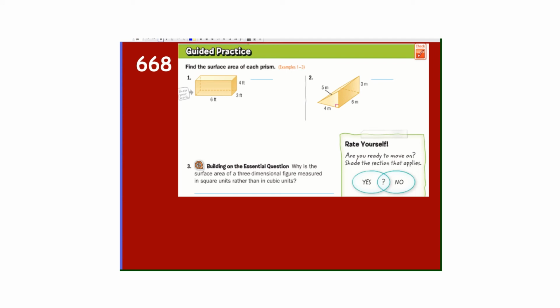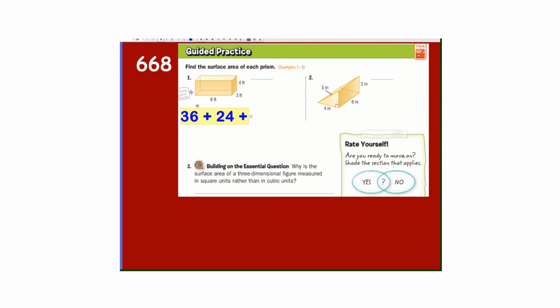Okay, go ahead and do 1 and 2. I'll work out number 1 with you here. Okay, you have 2 that are 6 by 3. So we have 2 18s. So I'm just going to write down 36. You have 2 that are 3 times 4 that are 12. So if I have 2 12s, I have 24.